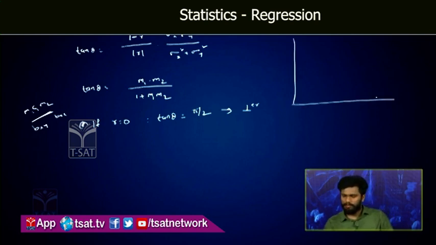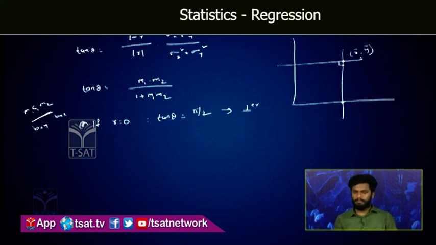When you consider this, both lines are perpendicular to each other and they will meet at x bar comma y bar. Whether this is y on x or x on y, whatever the line we are considering, they will be perpendicular and they will meet at the point x bar comma y bar.